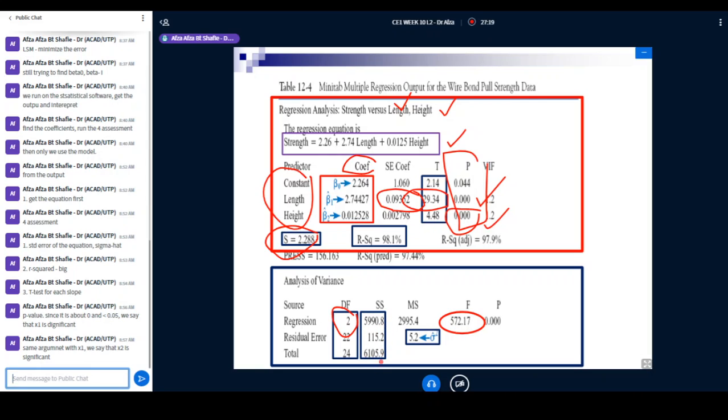And then we have this value, and then we calculate the mean square. Then we get the value of the F. Notice that the F value here is 572.17, which is very large, and of course the p-value will be about 0. So we say that the regression is significant.